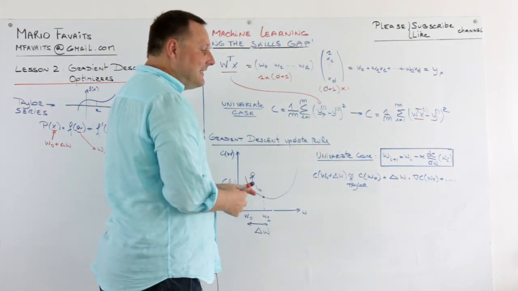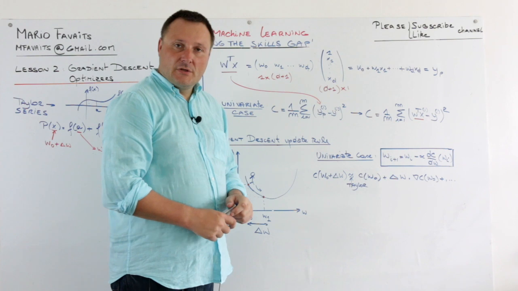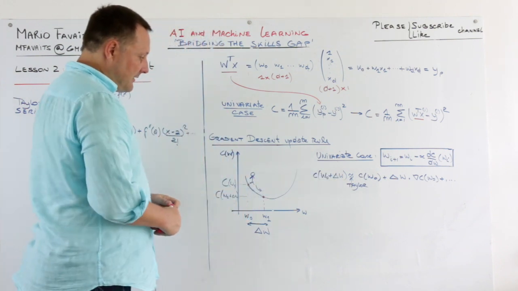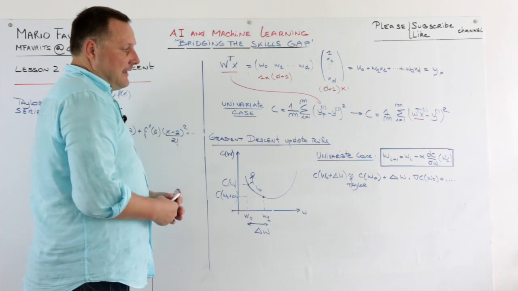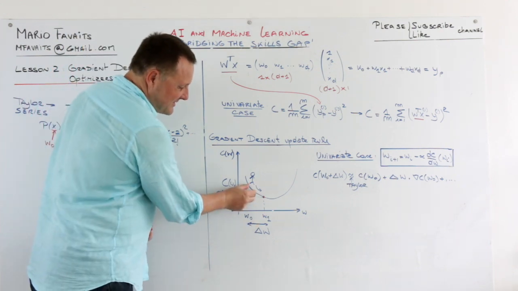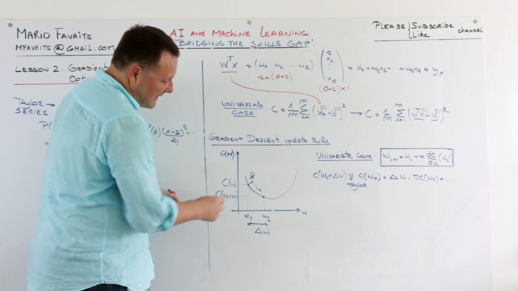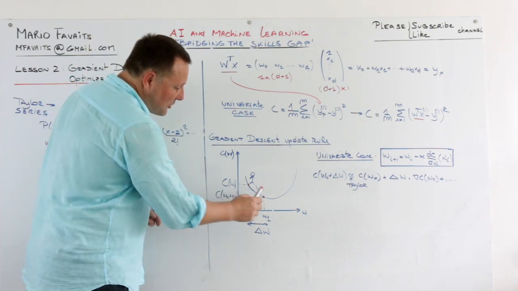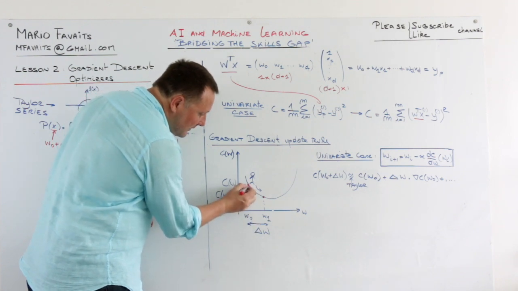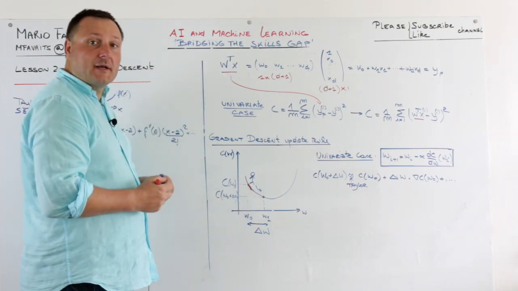So we're going to take the linear approximation, or the first order approximation of the Taylor series. This is okay as long as delta W is small enough. We can approximate this curve by a straight line. If delta W is small enough, you will have a sort of straight line.